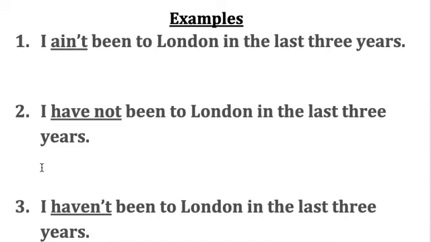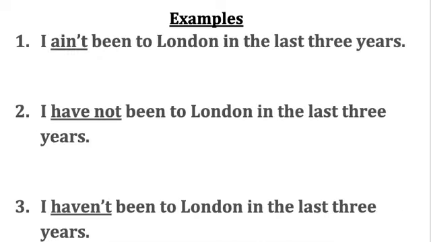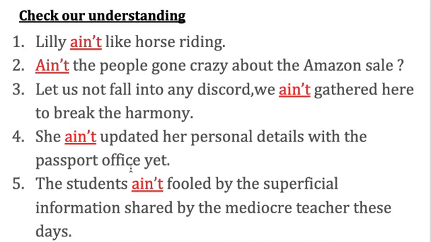So I would always recommend you to avoid ain't in any conversation or writing and start using the standard forms, not the non-standard form that is included in this particular word, ain't. Now I have got a few examples. These are all non-standard pieces of writing, so it's very informal. Now you can just go through these examples.